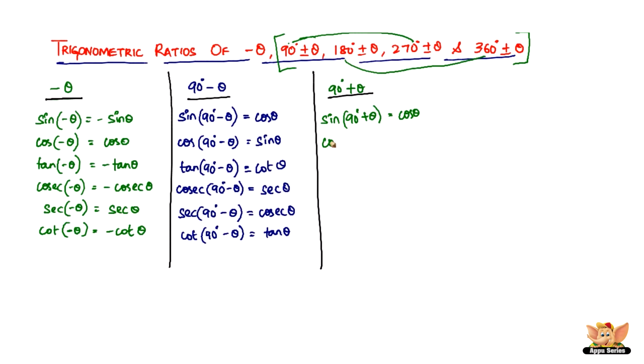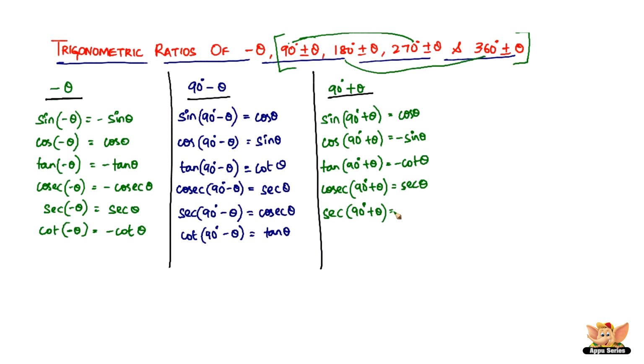And then cos of 90 degrees plus theta is going to be minus sine theta, and tan of 90 degrees plus theta is going to be minus cot theta, and cosecant of 90 degrees plus theta is going to be positive secant theta, and secant of 90 degrees plus theta is going to be negative cosecant theta, and cot of 90 degrees plus theta is going to be negative tan theta.